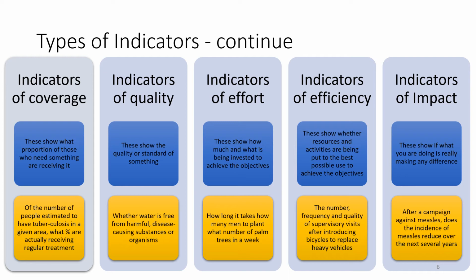Have we seen an increase in health or an increase in life expectancy? Those would be typical indicators of impact that we will only be able to measure after a number of years, and it might also have many different interventions that would give rise to the same impact indicator.